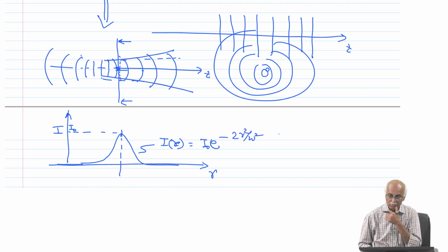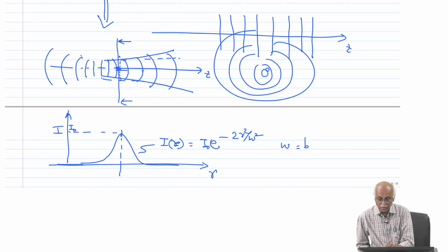Here r is the radial distance, and w is the beam waist, where intensity is 1 by e square. When r becomes w, intensity will become I0 by e square.